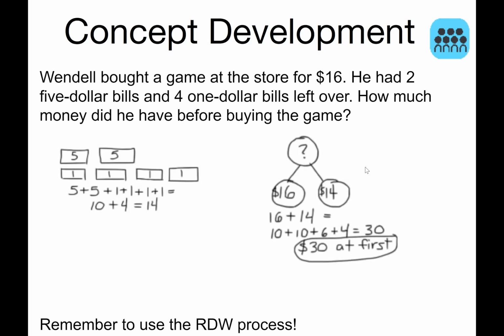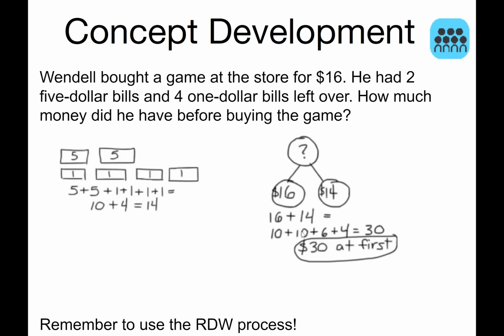Oh, look. So we have our two parts, but we want to put them together to get the whole amount that he had before spending money on the game. So we add our two parts, 16 plus 14, and we can take them apart, or decompose them, and make them into two 10s, because we know that 10 plus 6 equals 16 and 10 plus 4 equals 14.